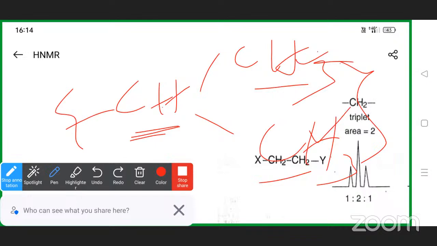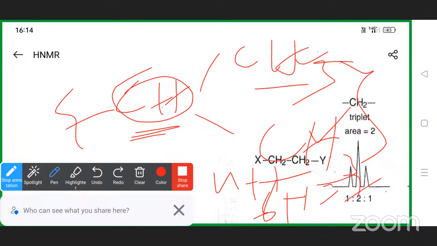There are 3 plus 3, 6 here, and 6 means n equals 6. 6 plus 1 is 7, so it is a septet. This CH group gives 7 lines, 7 multiplicity. And the methyl will give a doublet only. You can consider any one of these methyls; there is one neighboring proton, so it gives a doublet only.